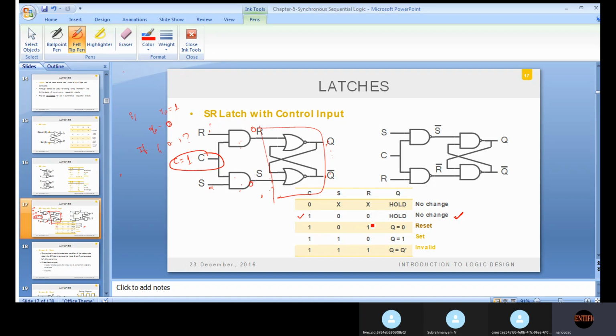There will be no change in the output values. When RS is equal to 0 1, Q will be equal to 0 and Q bar will be equal to 1. This is called reset. When it is 1 0, you will get Q equal to 1 and Q bar equal to 0, the set state. When 1 1 is given, it will be in the invalid state.